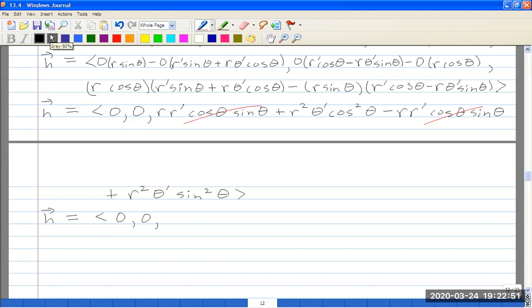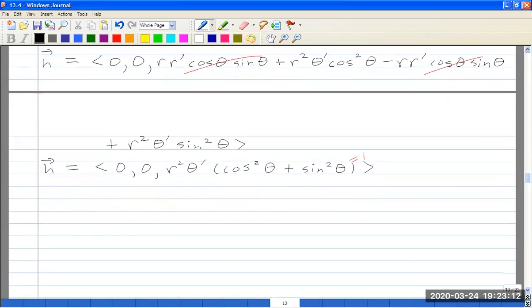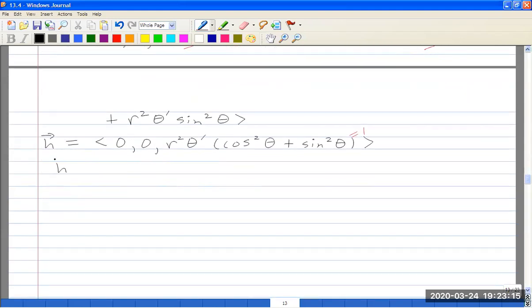So I just get R squared, theta prime, cosine squared plus sine squared, which of course is 1. And so I finally get h is equal to R squared d theta dt k.